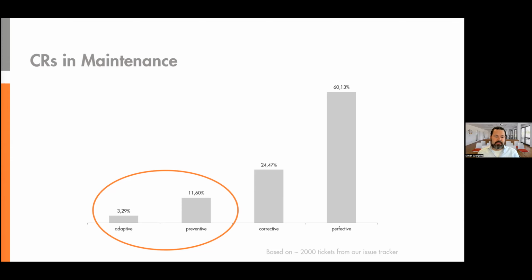And from our statistics, roughly 15% of the changes we perform are this type. According to the literature and what we see in other systems, this is probably transferable to other systems as well. So for these 15%, it's very hard to make sure that we hit the changes.